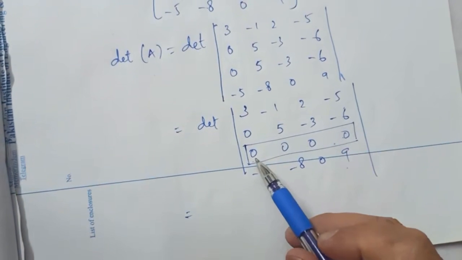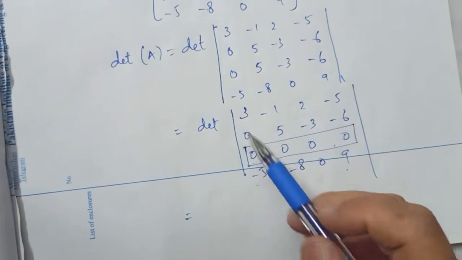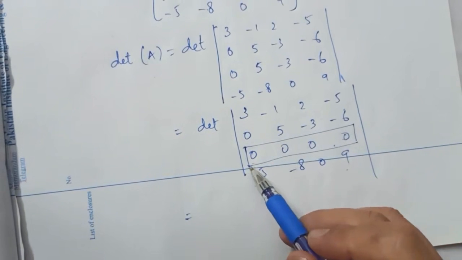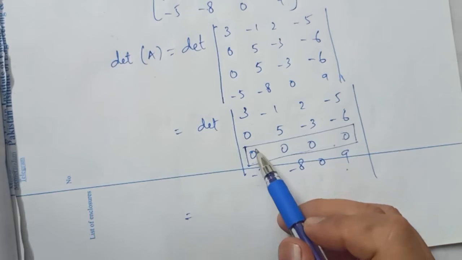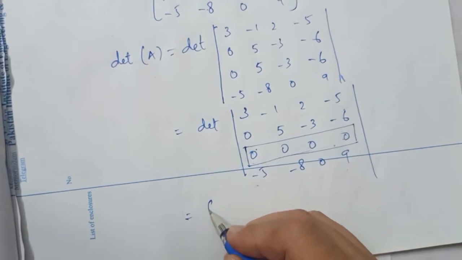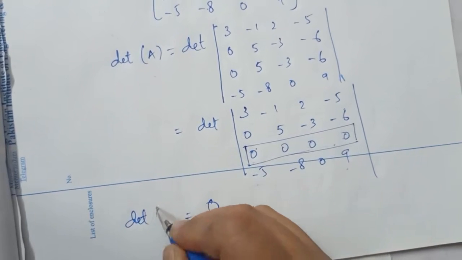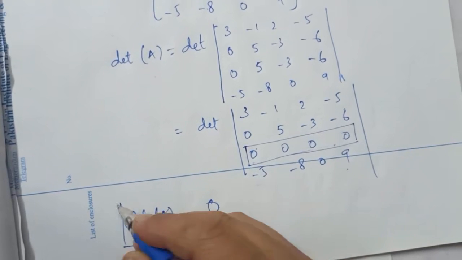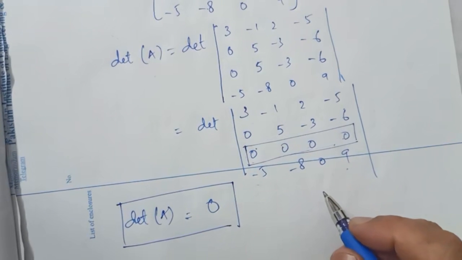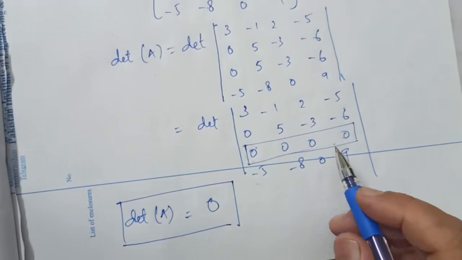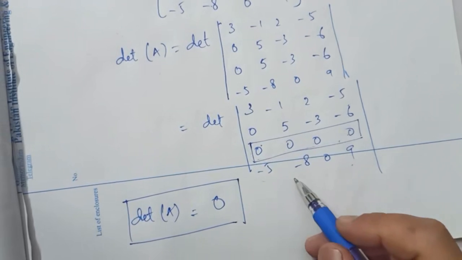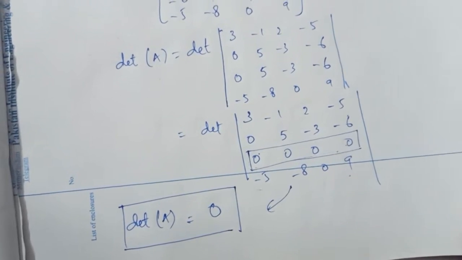So if I calculate from any row and any column, this should equal the expansion from the third row. In this case this would equal 0, and from the dependency point of view, I told you that if there are linearly dependent row vectors or column vectors, the determinant will always be equal to 0.